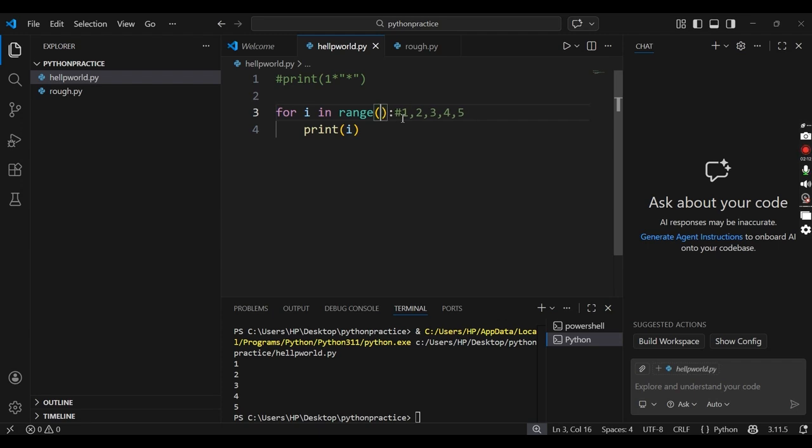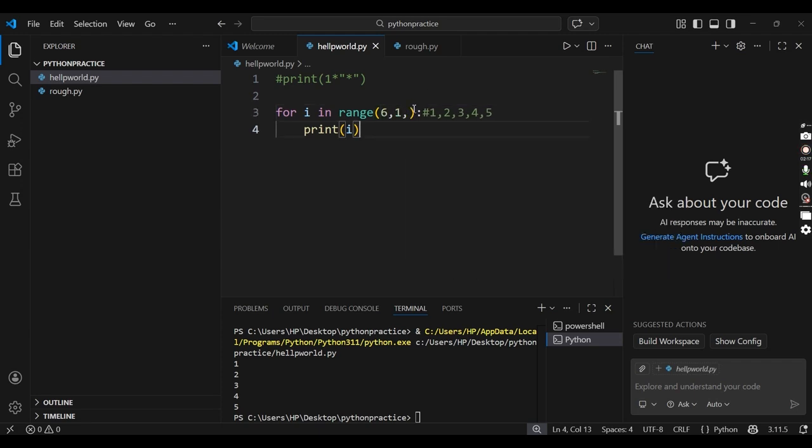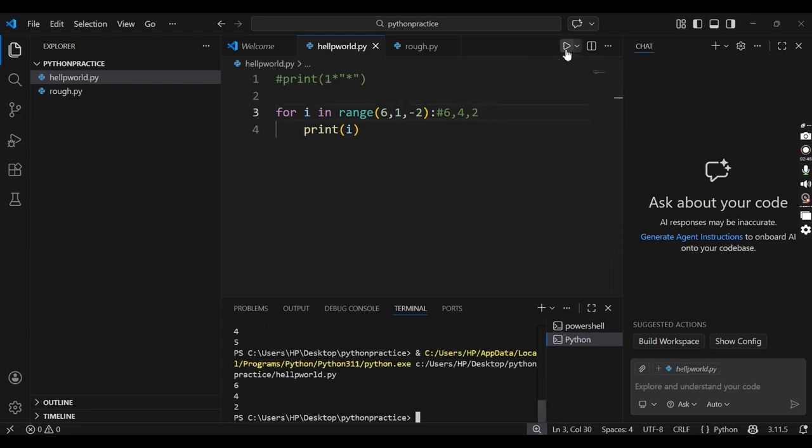I think you have understood it. But when you reverse it, 6 comma 1, then you must specify how many times you are stepping down. For example, if I am stepping down 2 at a time, at first I will get 6, then 4, then 2, and because our second number is 1, we cannot go to 1 or less, so what will be printed is 6, 4 and 2.